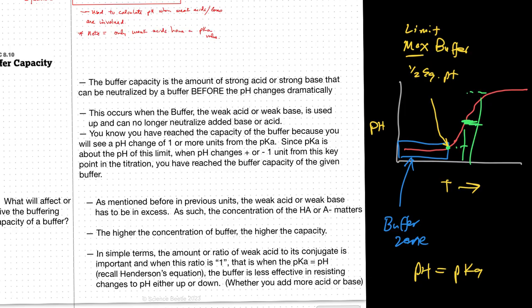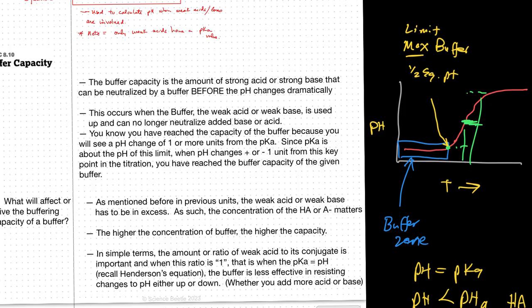Think of it this way. If the pH is below pKa, what you get here is going to be the protonated, so you're going to get the HA version. But if the pH is greater than the pKa, you're going to get the A- version of the acid. In other words, there's going to be more conjugate in solution beyond this point.